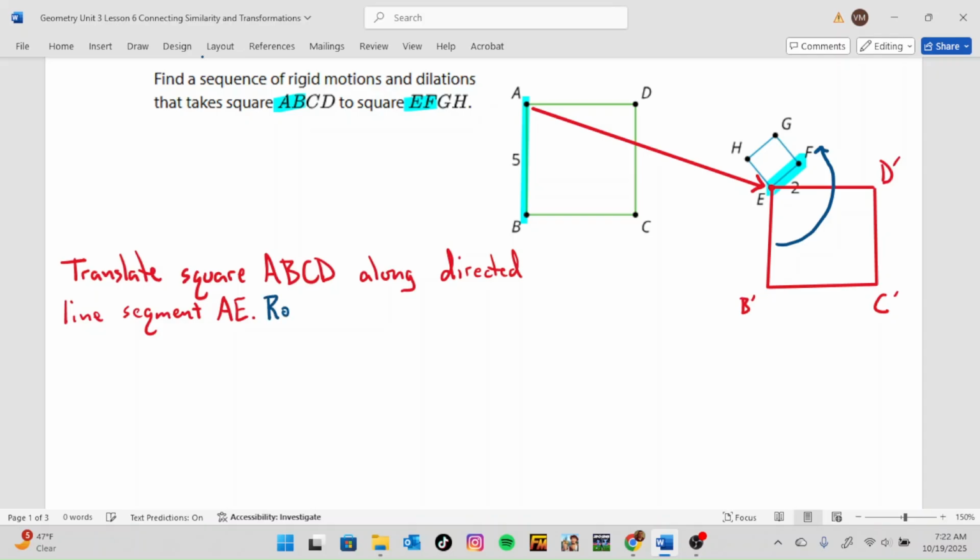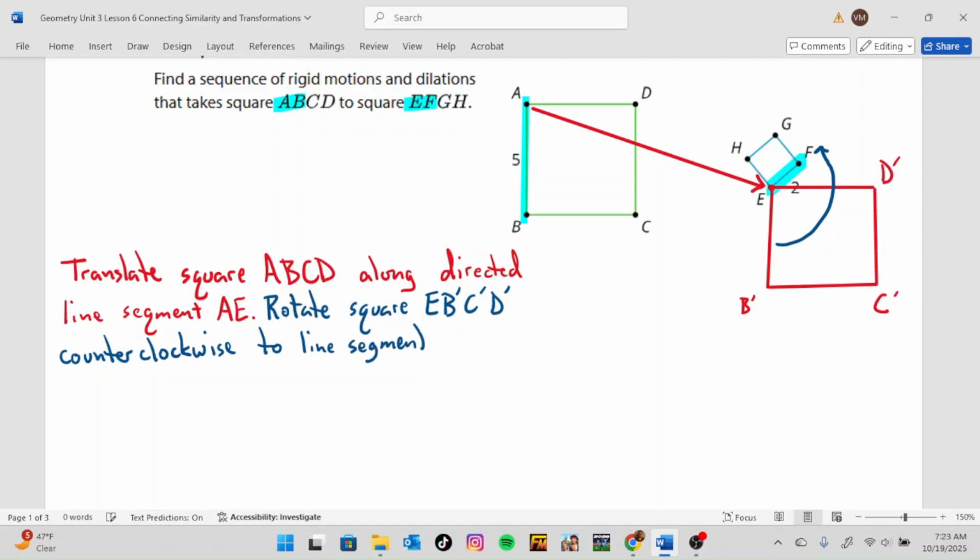So rotate square E, B prime, C prime, D prime counterclockwise to line segment EF.